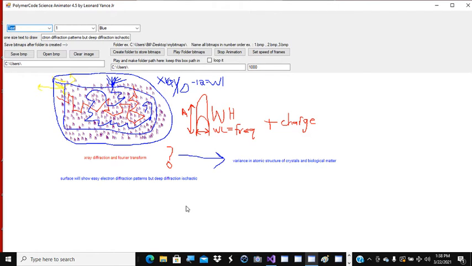So the math here has to be quite impossible. There's going to be a significant amount of space in these atoms.